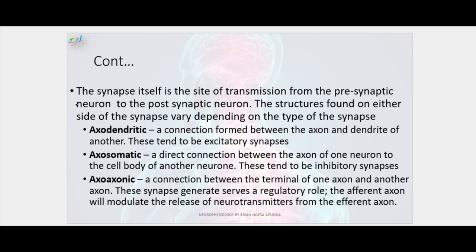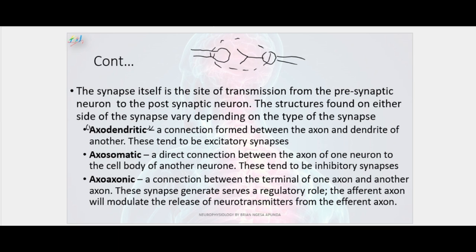The demonstration that we gave was with the axodendritic form of synapse. So that means an axon releasing a neurotransmitter interacting with the receptor of a dendrite. So this association is referred to as the axodendritic. This is a connection formed by the axon and dendrite.